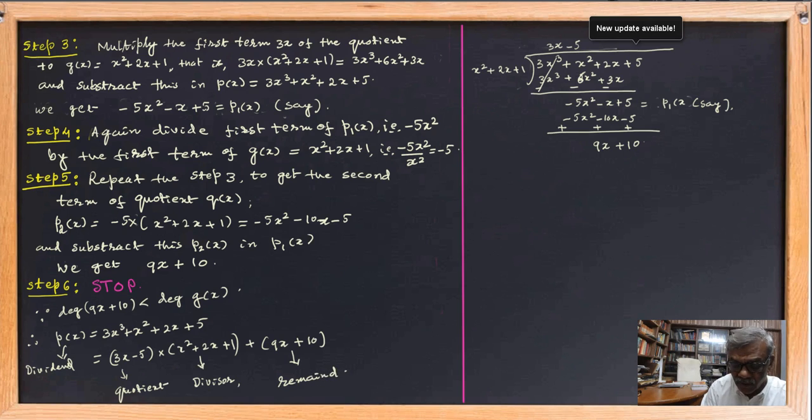And therefore this can be written as dividend equal to quotient into divisor plus remainder.